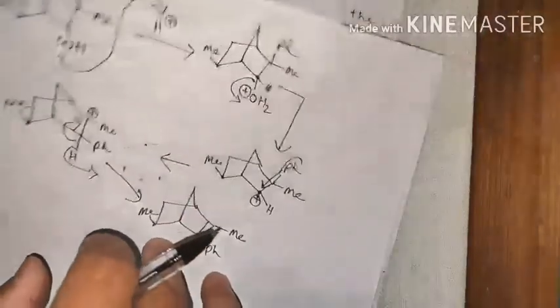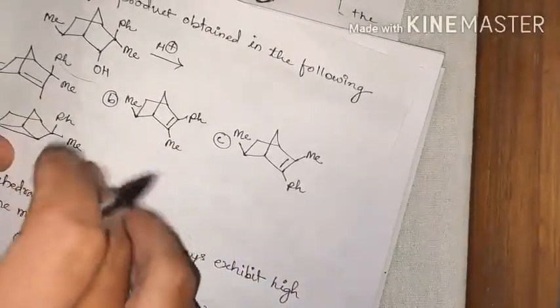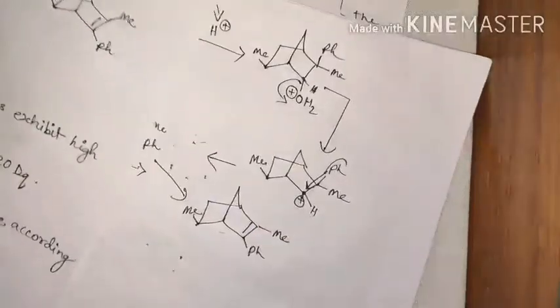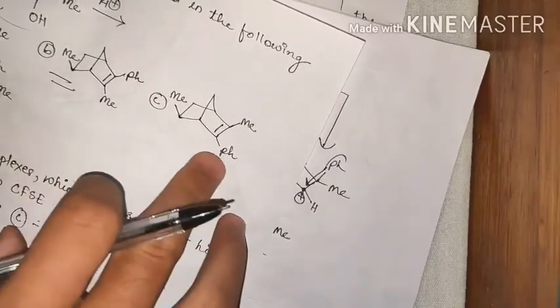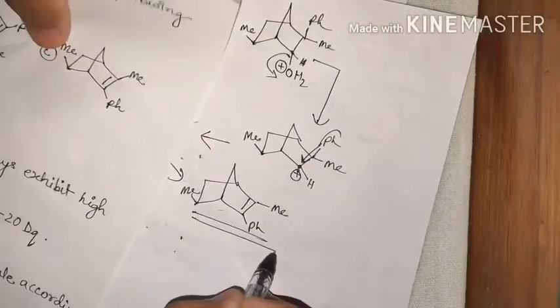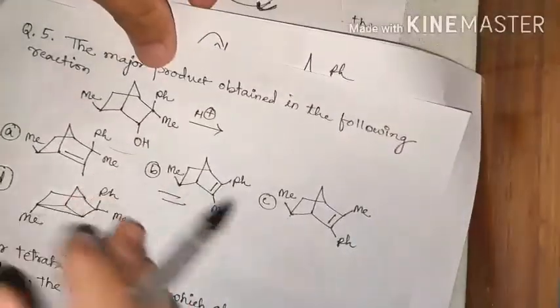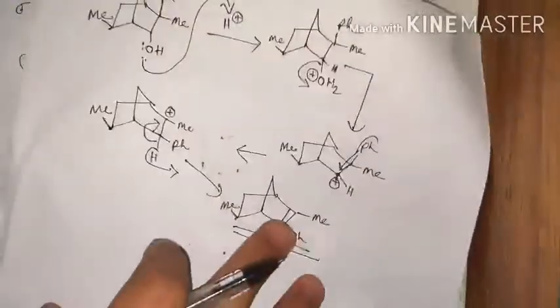So in the answer we have this one, oh sorry, this one. Okay, this option C, if we see, our product is similar to this option C. So the correct answer for this question number 5 will be option C. Okay, and this is the mechanism for this.